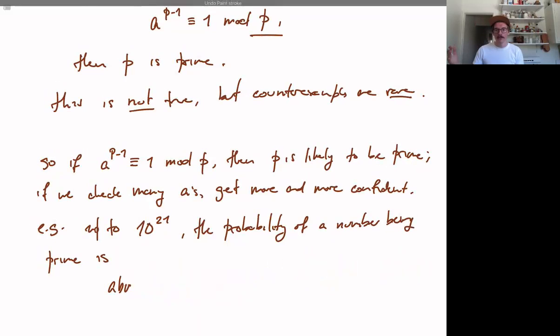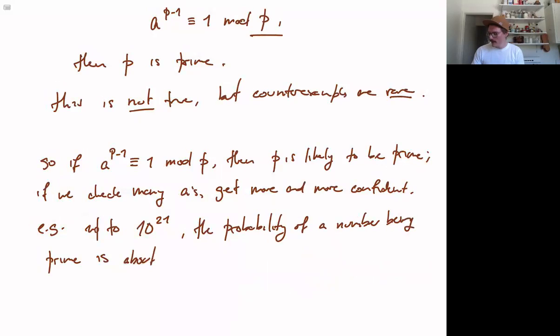But you can compute that. The probability of a number being prime up to this bound is about 1 in 50. So if you choose a random number, 1 in 50, it will be prime. This is from the prime number theorem.